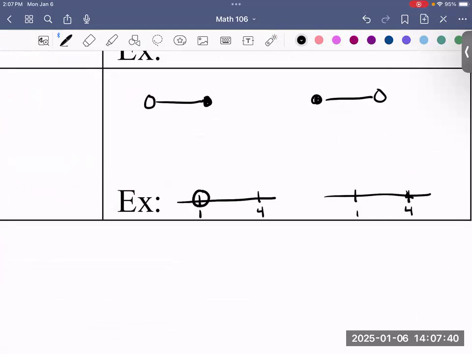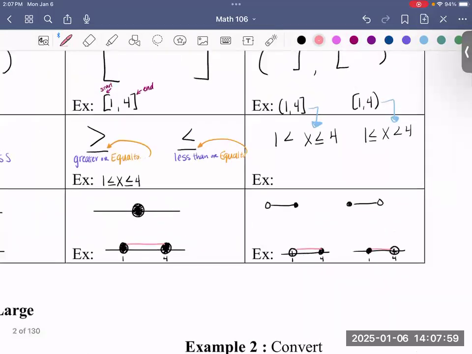You could open 1, close on 4, highlight in between. I can start as close as I can to 1, go all the way and stop on 4. Or I can start on 1 and go all the way to 4 and get as close as possible to 4. And again, these are all the same exact notation.